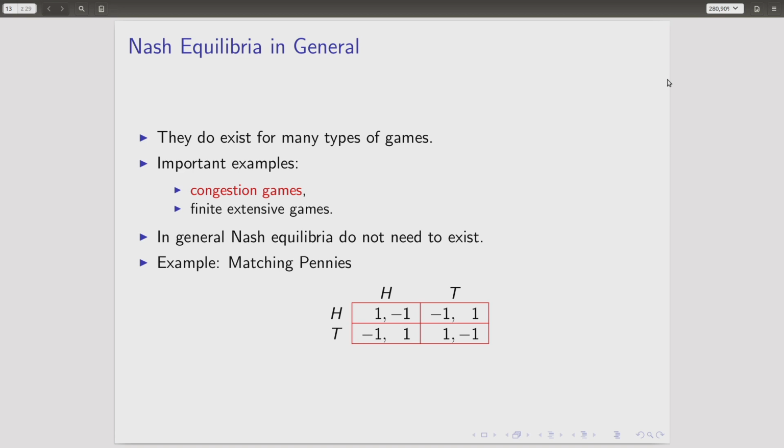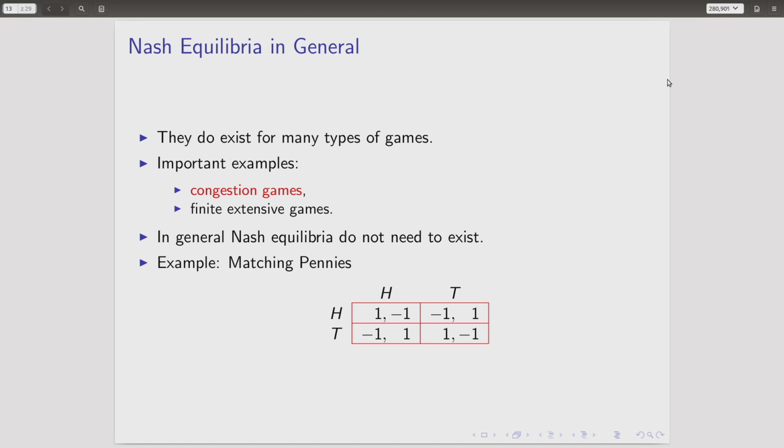Is there any volunteer who can explain why this is the case? Yes. The strategies are the same, you mean? Because the payoffs are always different.